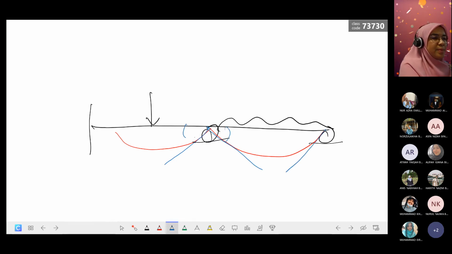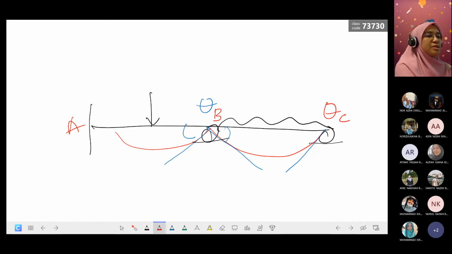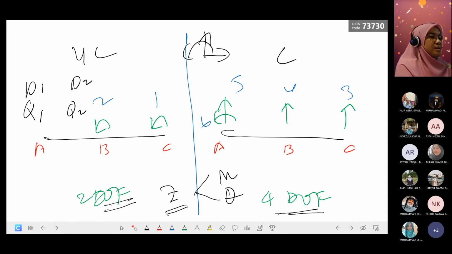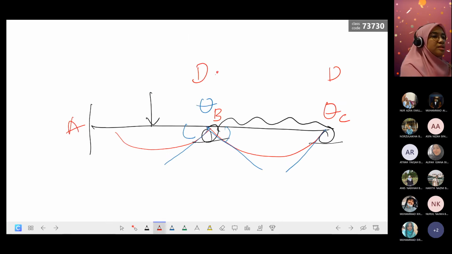Tangent. Yang ni apa? Theta B. So, theta B equal to? D2. So, sini D2, sini D1.